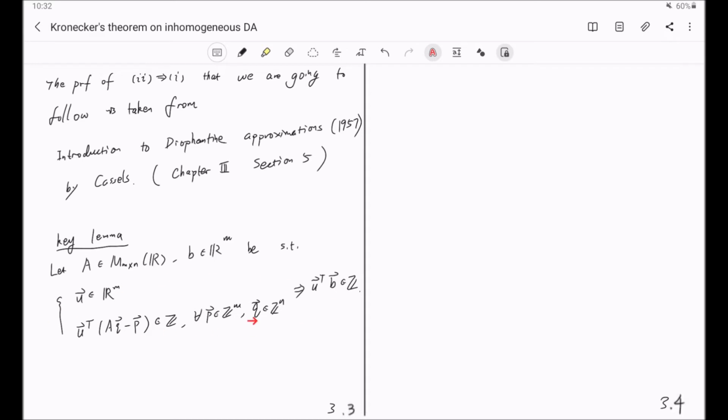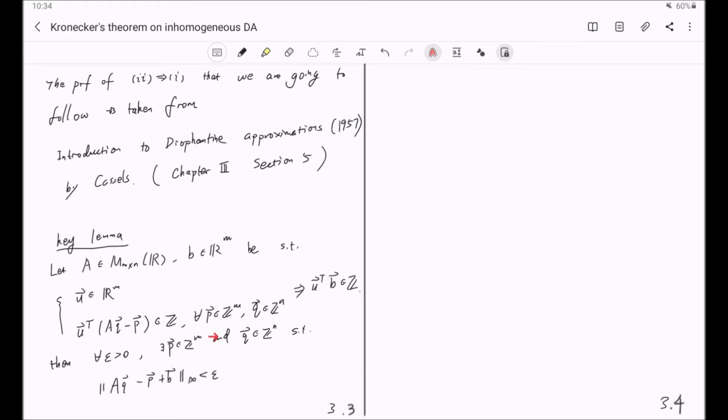Given this hypothesis, notice that this hypothesis is given by an implication. Then, for any epsilon greater than 0, there exist p in Zm and q in Zn such that we have this inhomogeneous Diophantine approximation.